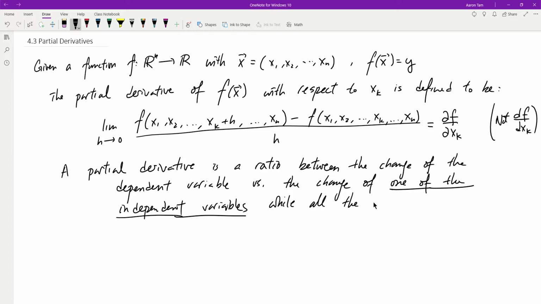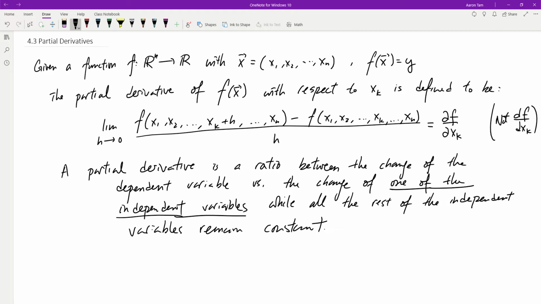So a partial derivative simply looks at how one independent variable changes the dependent variable. The only independent variable that we're looking at is basically x sub k.